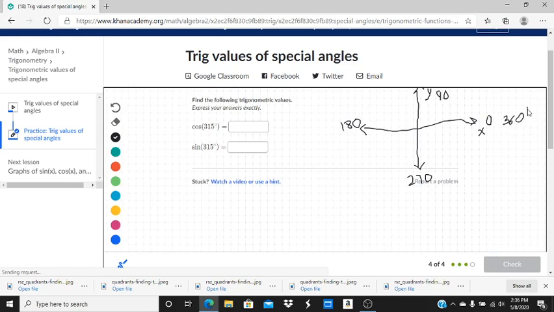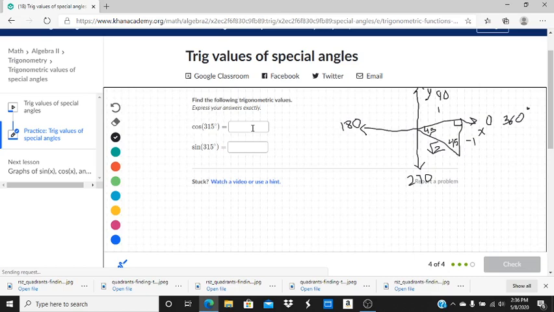Okay, well, here's the thing. I drew the little degree there. 315 degrees is 45 degrees less than 360, so they gave us the same angle. So this is going to be 1, negative 1 here, and the square root of 2 here, because again, we have a 45-45-90 triangle.